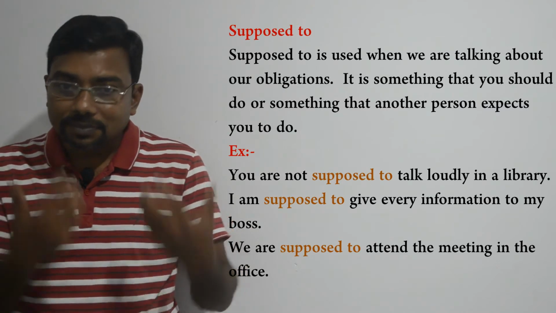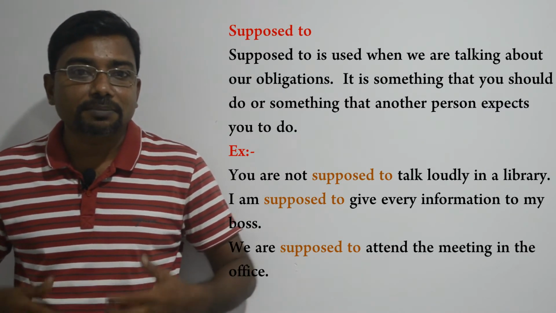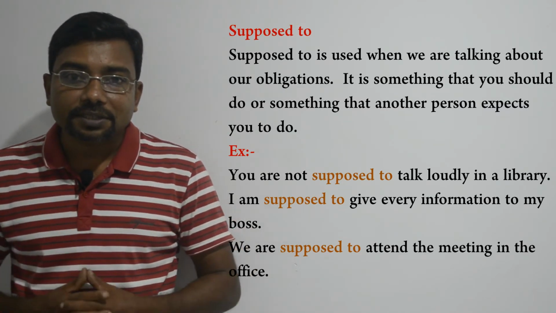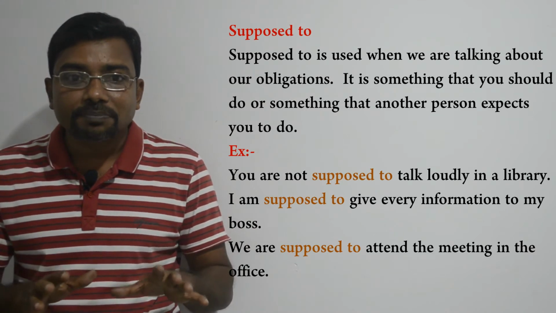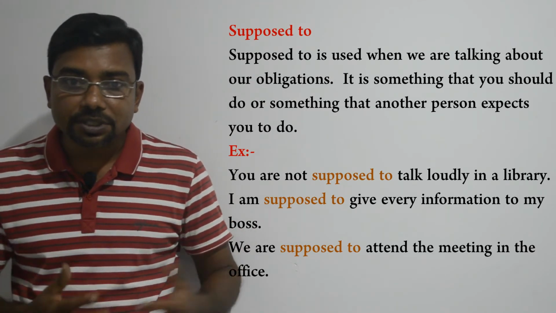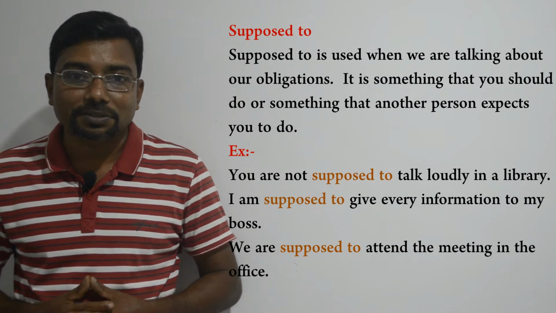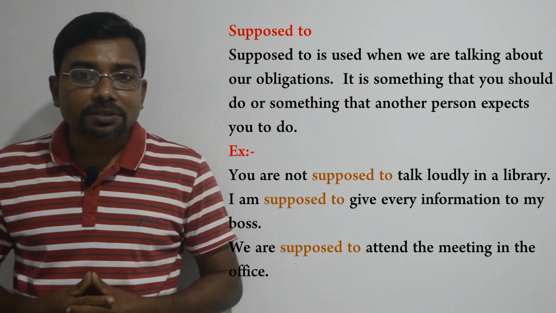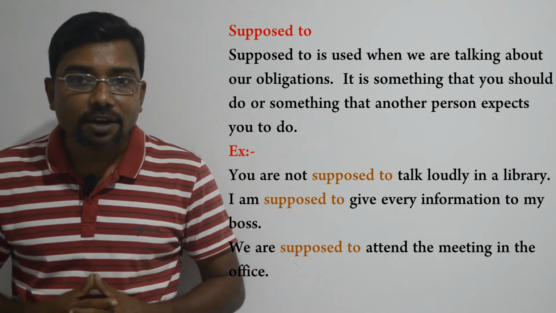We should attend the meeting in the office because we are bound to do that because that is our responsibility. So that is why we use the phrase supposed to. Okay, remember, we can use the phrase supposed to to denote an obligation or something that another person expects you to do.